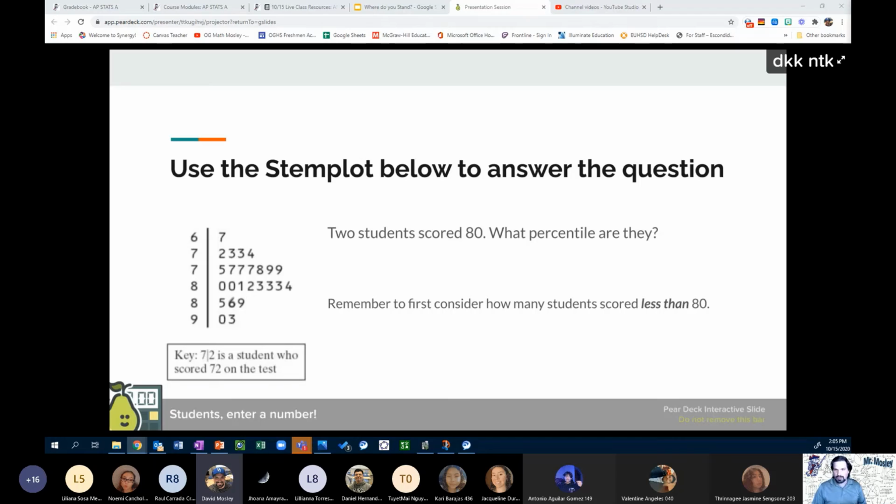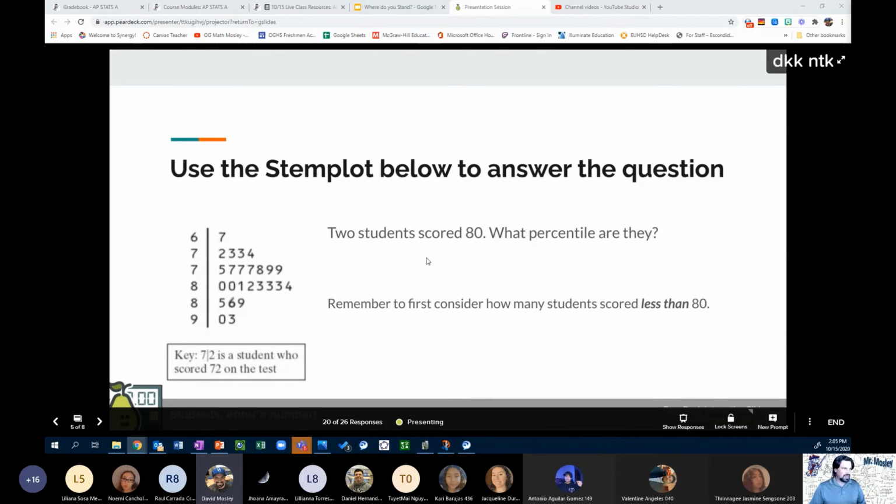All right. So for this one, we have 12 values less than 80. Right, we have 67, 72, 73, 73, 74, 75, 77, 77, 77, 78, 79, 79.